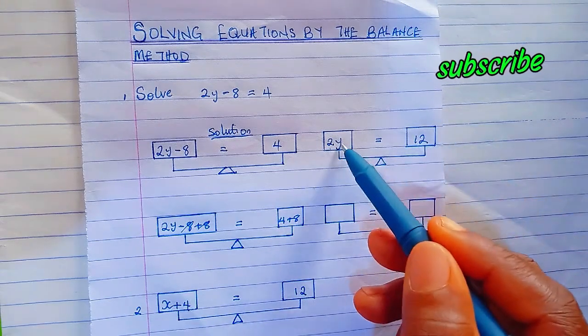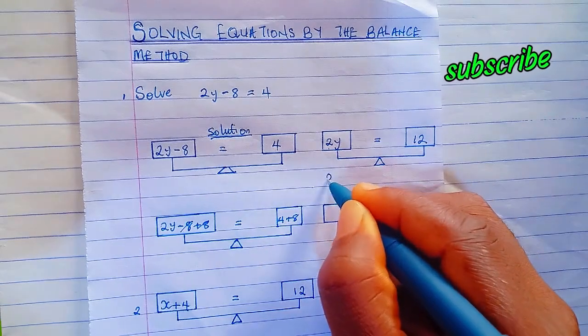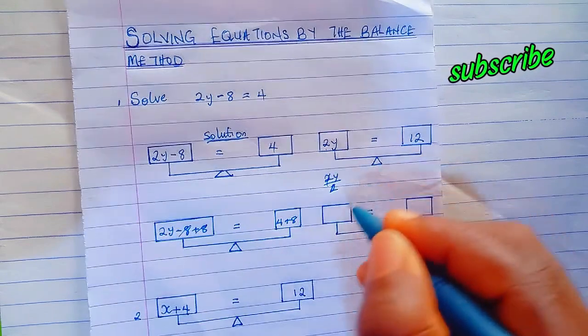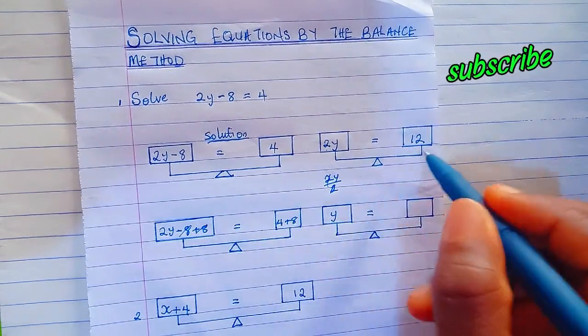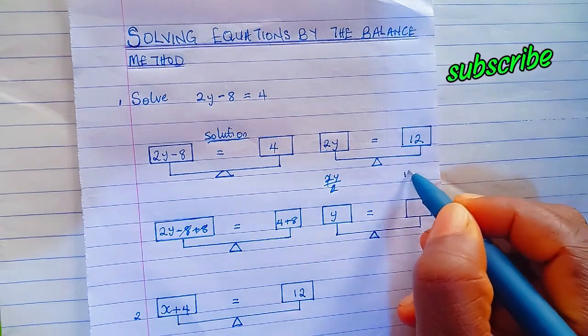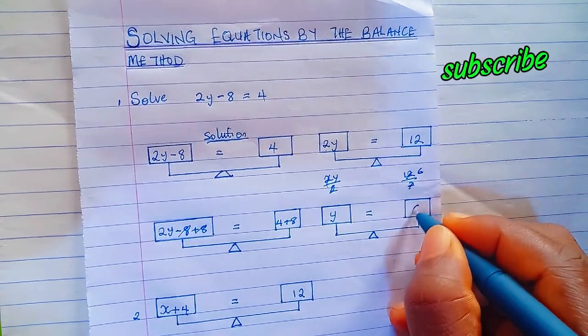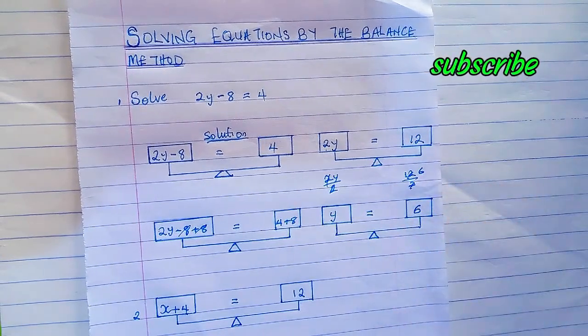So when we divide 2y by 2, we are going to have 2y over 2. When we cancel it, we are going to get y. All right, and when we divide 12 by 2, we are going to get 6. So we now have y equals 6.